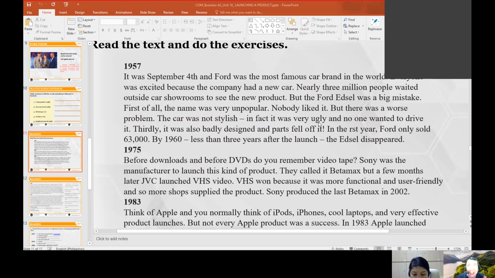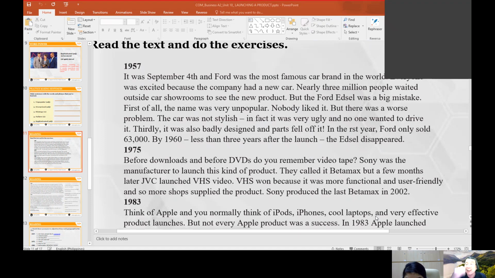Imagine 3 million people waiting outside the showroom, but when they showed the Ford Edsel, no one wanted to drive it. It was also badly designed because parts fell off it.